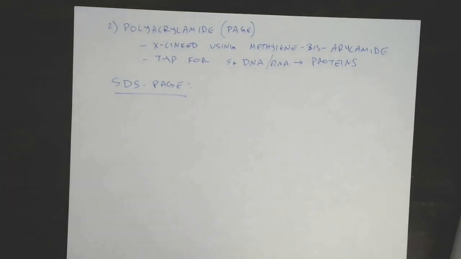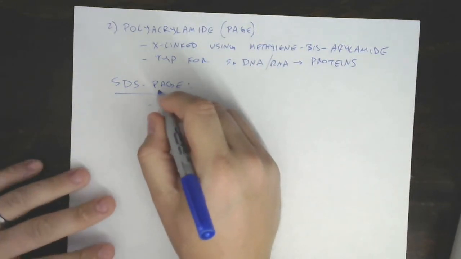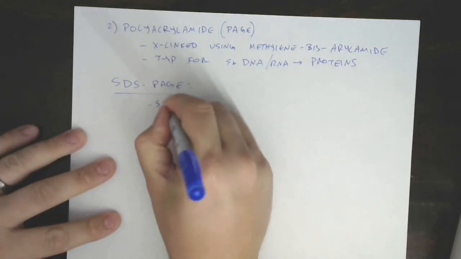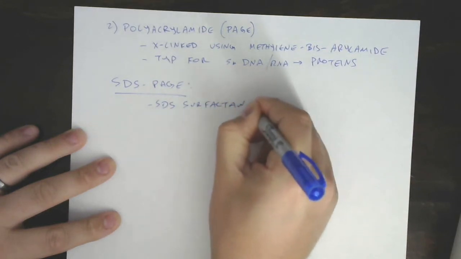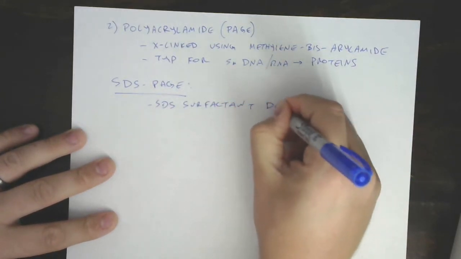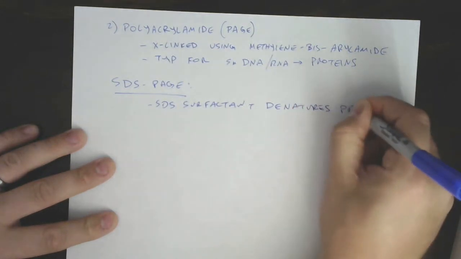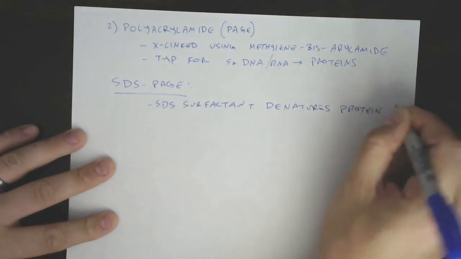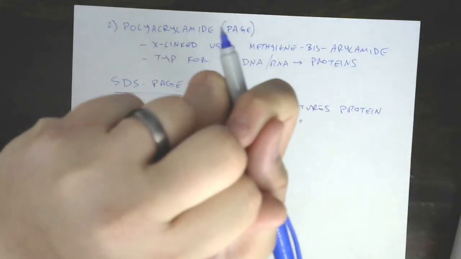SDS is our surfactant friend that we talked about in MEKC. So this is sodium dodecyl sulfate, SDS surfactant. It denatures the protein. If you're not familiar with this terminology, denaturing means you have a protein that's folded up like a ball of spaghetti, crunched up.